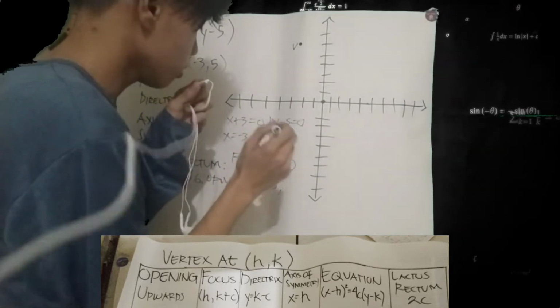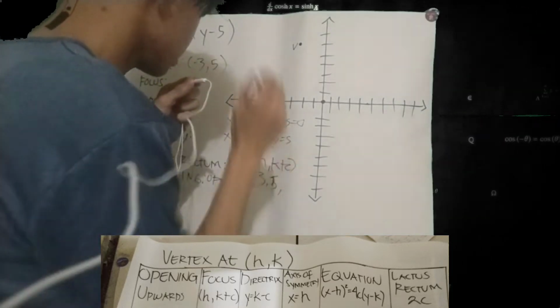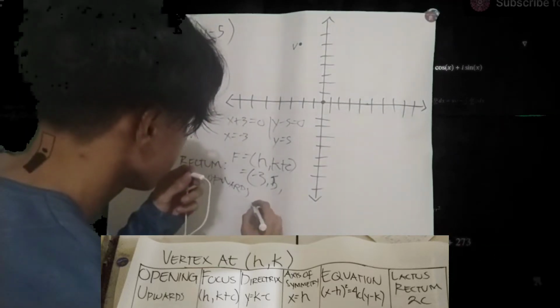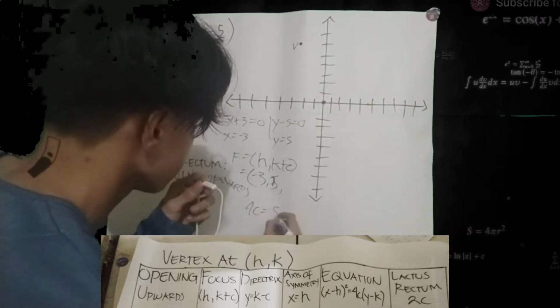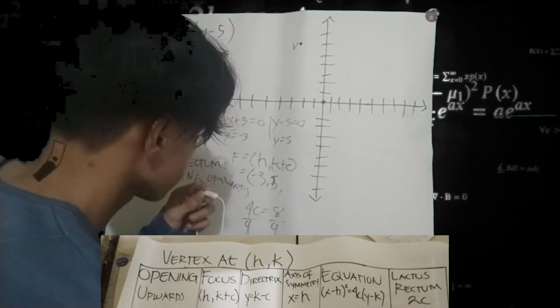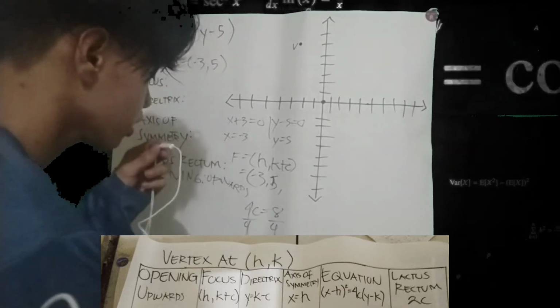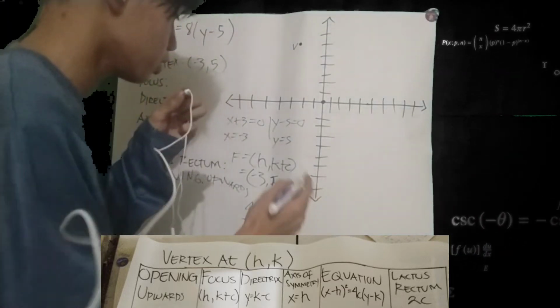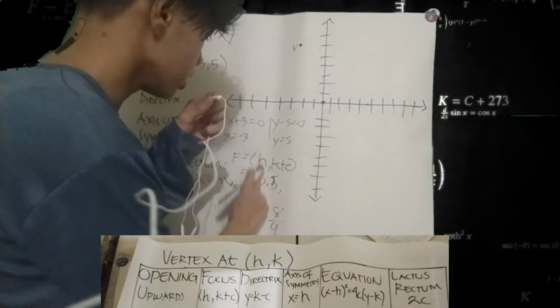So for the focus naman, we have H and K plus C. What is the H? It's negative 3. What is the K? It's 5. So kunin naman natin yung C. It's 4C is equal to 8. And as you can see, kagaya lang siya ng kanina. So yung C is 2.